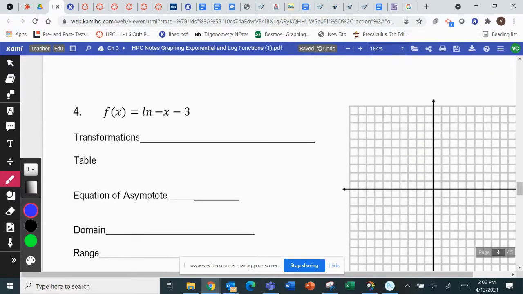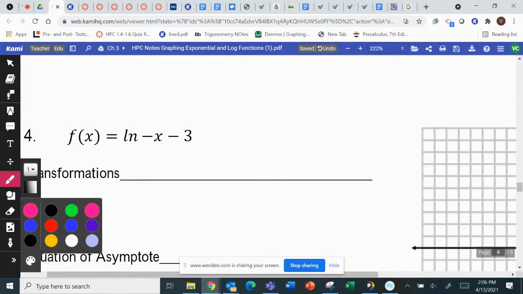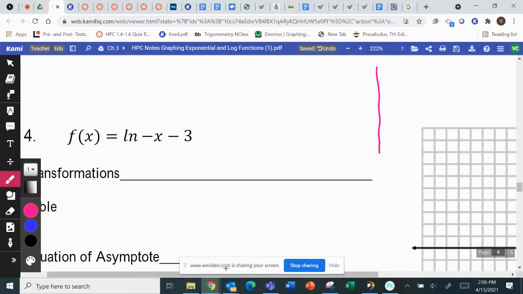Okay, question 4. Is this logarithmic or exponential? Logarithmic. It doesn't say log, but it says ln, which is natural log. So this is what I do. I first say, oh, that's logarithmic.